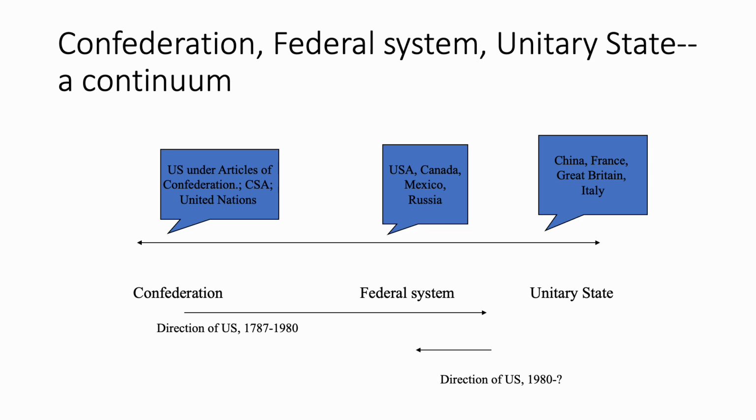Now, so we started off on this continuum way over on the left as a confederation, and then we moved more with the Constitution and other events more toward being a federal system, which is what we are. But we have never moved toward being a unitary state where the national government has all the power, like China, France, Italy. So we're not like that.